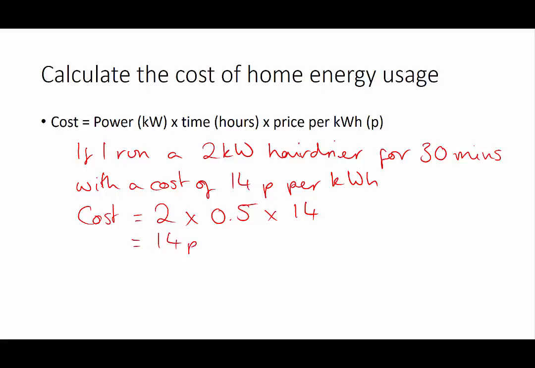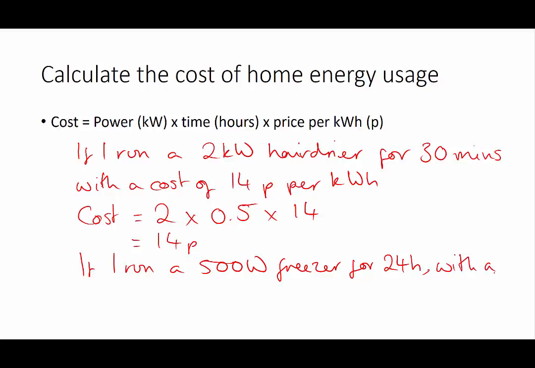If we go through another example, if I run a 500 watt freezer and I run that for 24 hours, again we'll take the cost of electricity to be 14 pence per kilowatt hour.